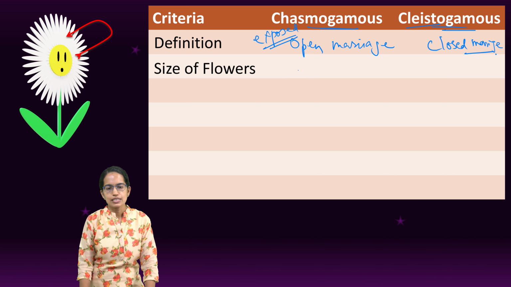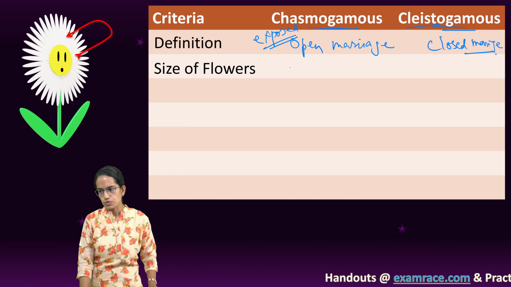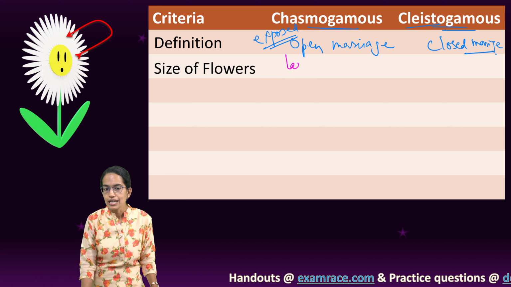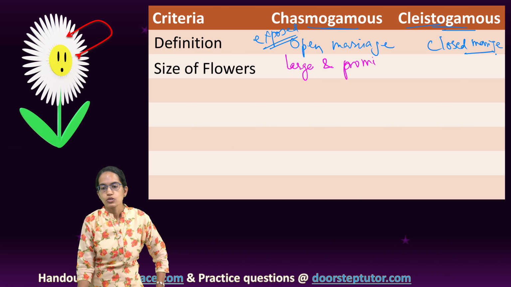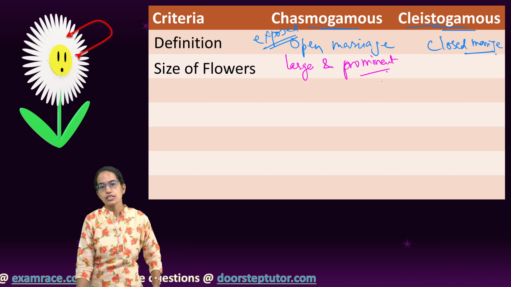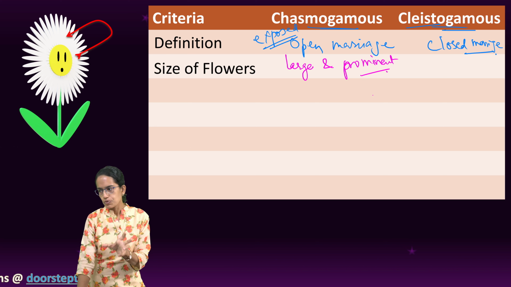The next is the size of the flower. Now, the size of the flower in the case of Chasmogamous is usually large and prominent, because if it is not large and prominent, how would external pollinators come? So, the size of the flower is large and prominent.